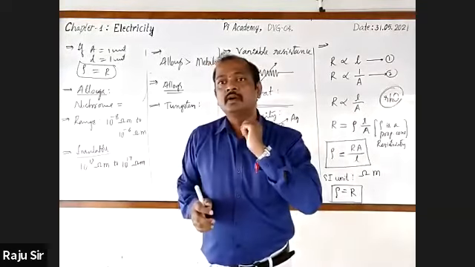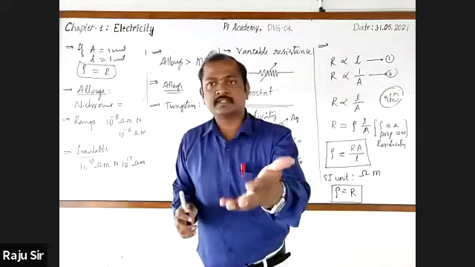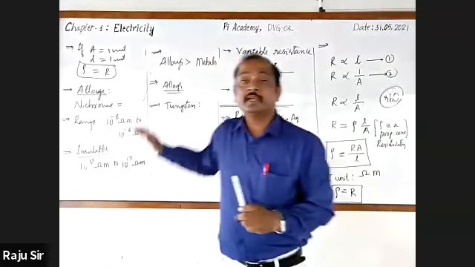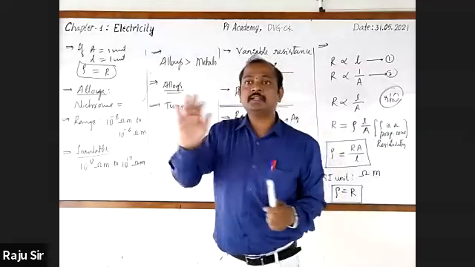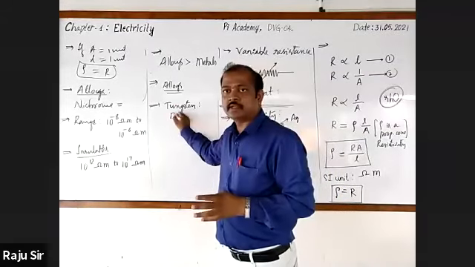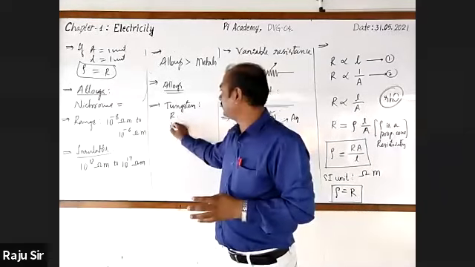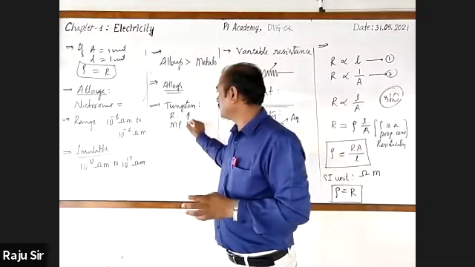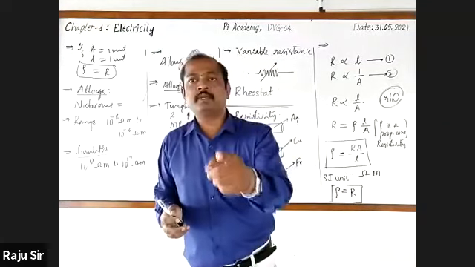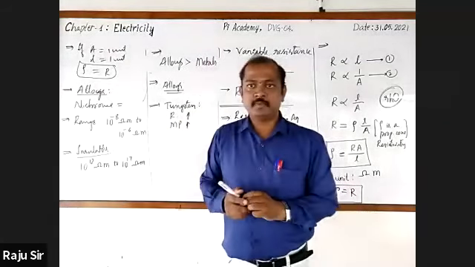One is it has also high electric resistance, nothing but high resistivity. And second one is its melting point is high. These are the two reasons why we go for using tungsten as a filament in electric bulb.